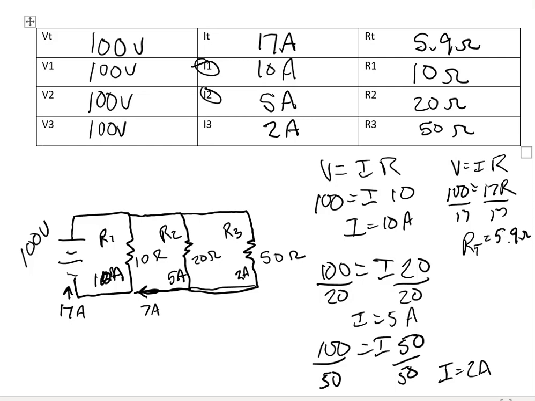So notice that in a parallel circuit, they all get the same voltage. The currents can be added up to find the total current: 2 plus 5 plus 10 is 17. And notice that with series circuits, we added up the resistances, but we don't do that for parallel circuits. For parallel circuits, we have to find the total current, and then we can solve for the resistance of 5.9 ohms.